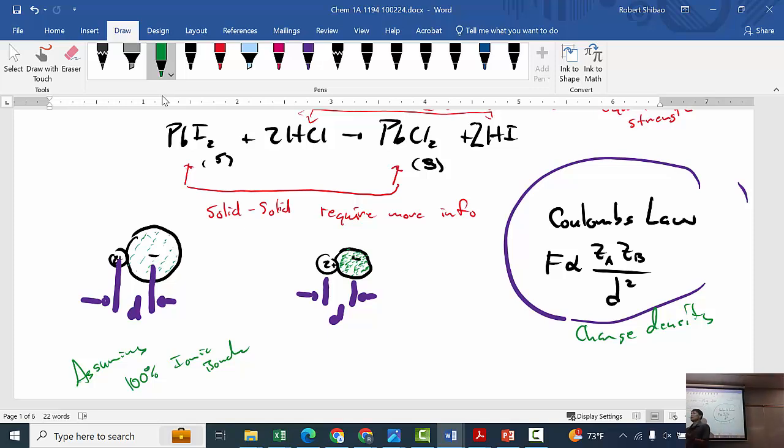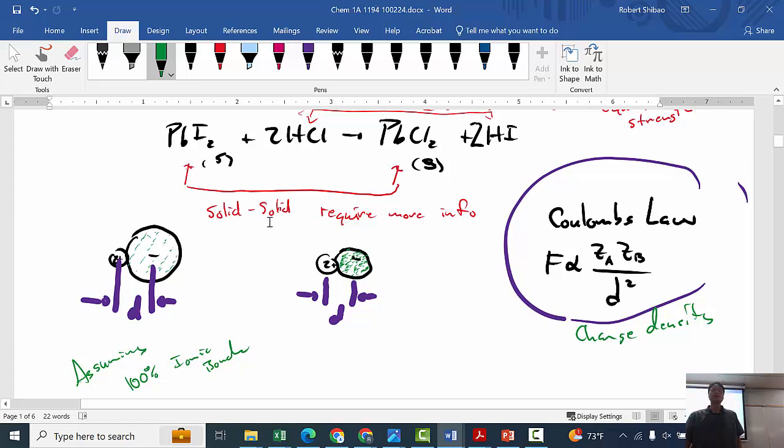What is easier to accommodate, small ions or big ions, if you're going to fit those between water molecules? Small, because you don't have to break as many water molecules apart. So smaller ions and smaller molecules are more easily accommodated by water molecules.